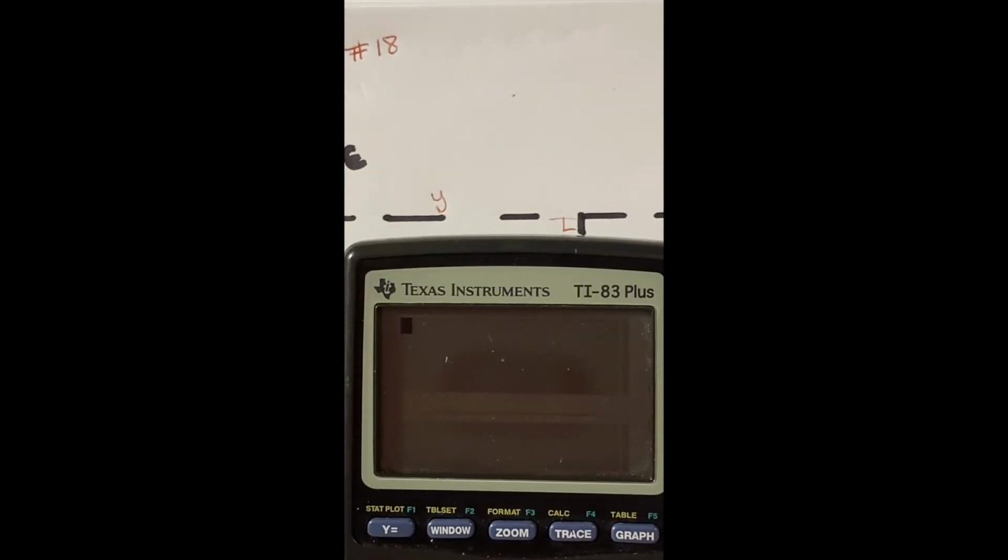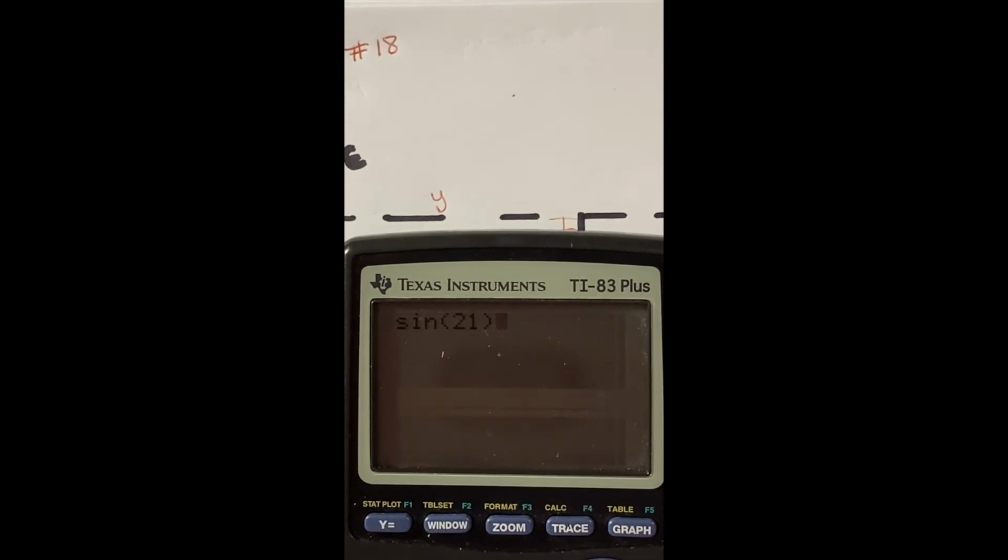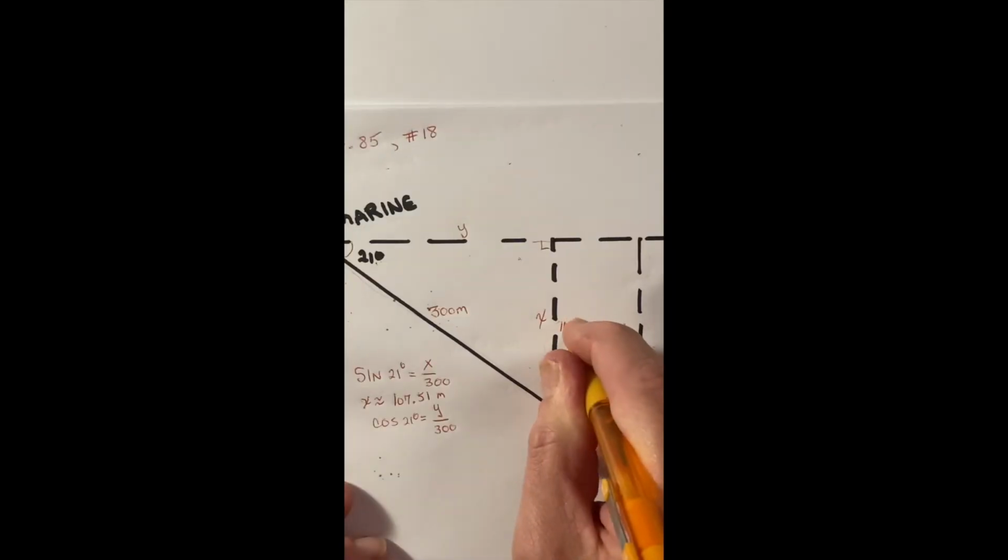Now, we're going to have to take the sine of 21 degrees and multiply it by the 300 meters. That's going to give us 107.510. Rounding it to the nearest hundredth, that'll give us 107.51. Right.